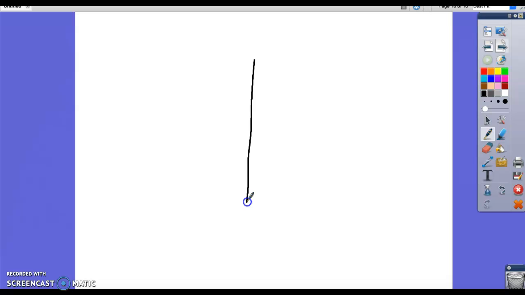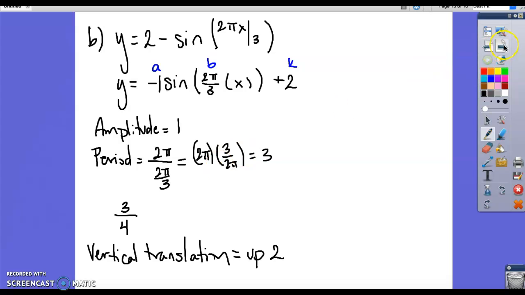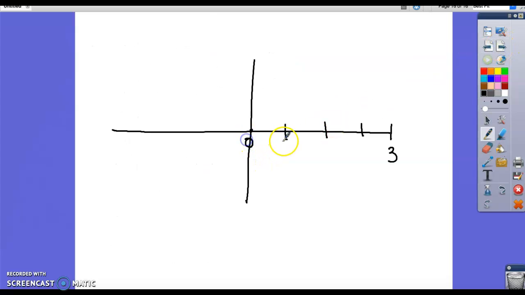All right, so let's draw out this graph. If I start at 0, one full cycle of my graph is going to end at 3. So if I start at 0 and break it into quarters, each one of those intervals is 3/4 of a unit. So if I start at 0, this would be 3/4, and then 3/4 plus 3/4 is 6/4, and I'm going to come back and reduce this in a minute.